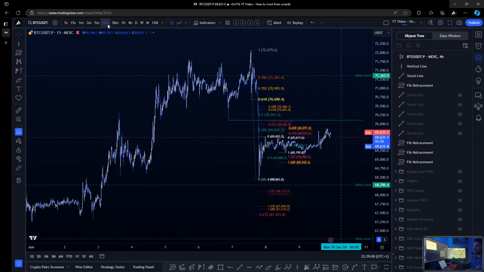So, for example, right now, I would look for a trade after the Asia kill zone ends, which, for example, right now is way too late. I should already be in bed.